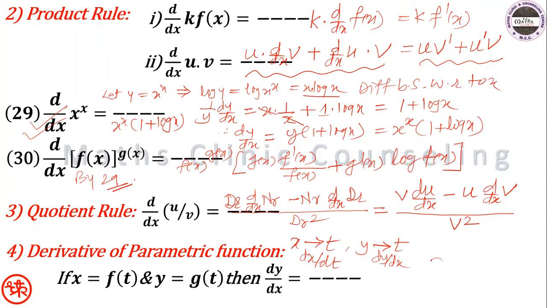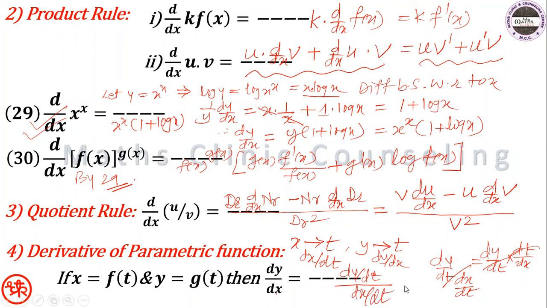And therefore dy by dt upon dx by dt अगर आपने किया तो क्या मिलेगा यहाँ पे? dy by dt into dt by dx हो गया, dt dt कैंसिल हो गया, dy by dx, and therefore dy by dx is equal to what? dy by dt upon dx by dt. This is the formula for derivative of parametric function.